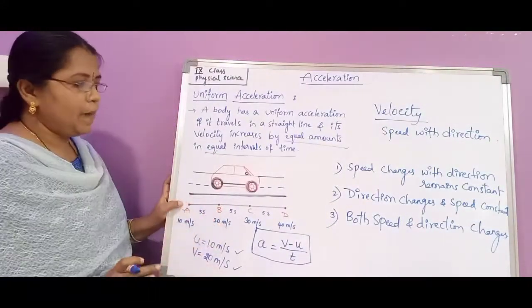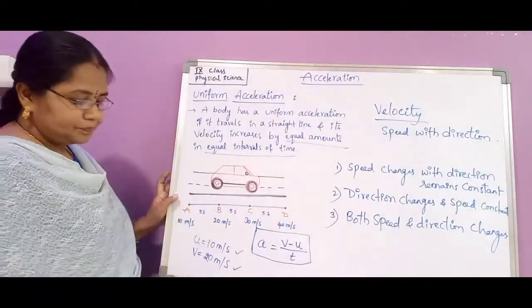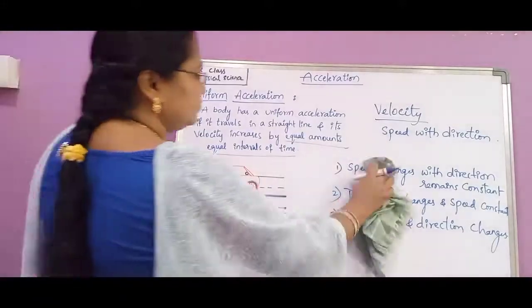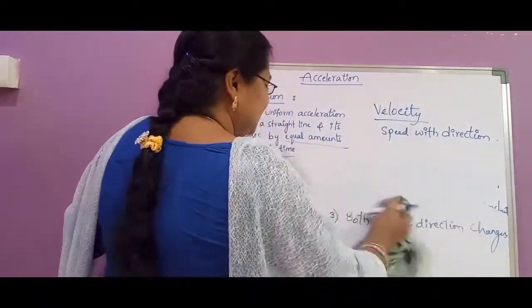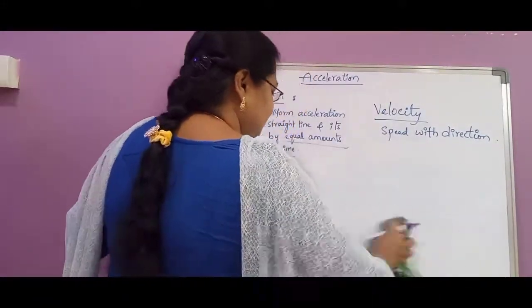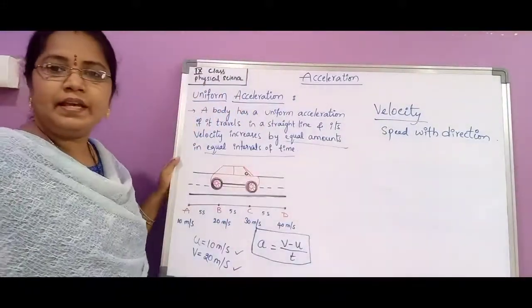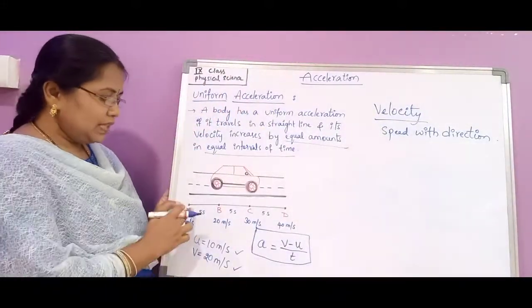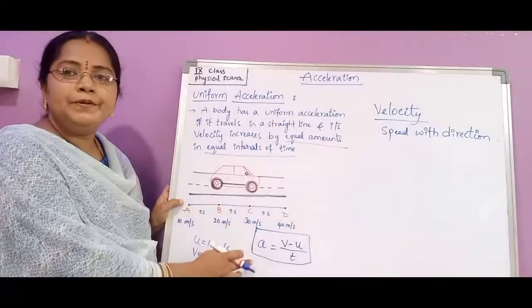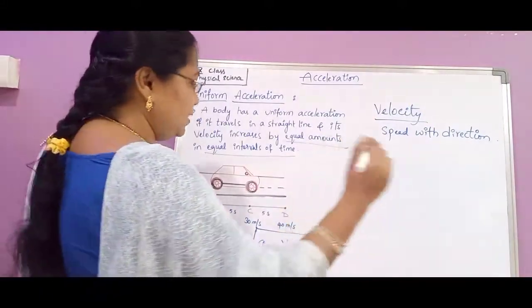From point A to point B, what is the acceleration? We can calculate it using this formula, a is equal to v minus u by t.